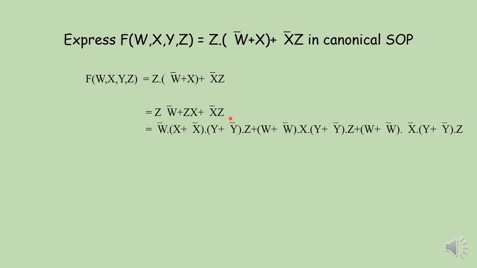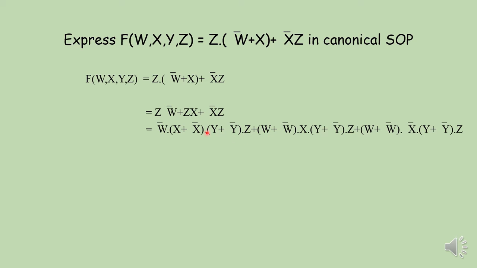So, in the third line, we can multiply zw bar with x plus x bar dot y plus y bar, because we know that x plus x bar and y plus y bar are equal to 1. In this first term these two variables are missing, so here we multiply w bar z with x plus x bar and y plus y bar.